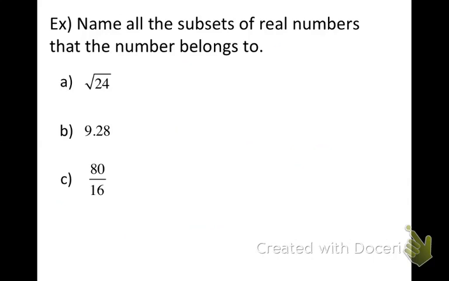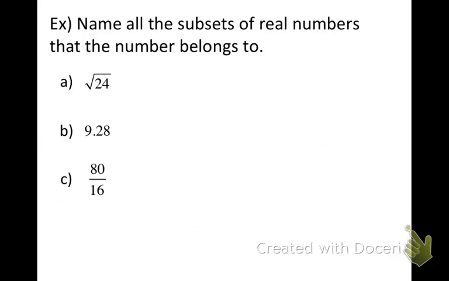Now, say this is a square root of 25, for instance. Well, the square root of 25 would be equal to 5, and that would be a natural number, and thus it would be a whole number and an integer and rational, and, well, okay, we're only naming the subsets of real numbers, right? But the square root of 24 is not going to be a whole number. It's not going to be something like 2.5 like we saw earlier.